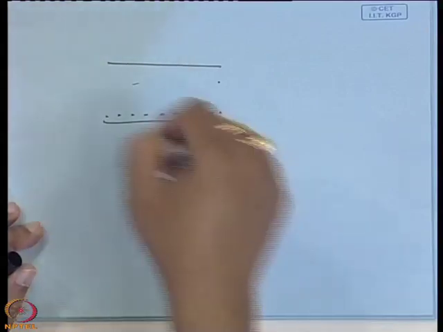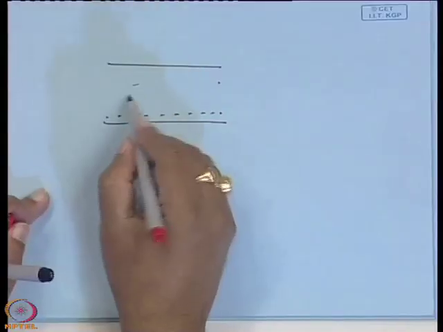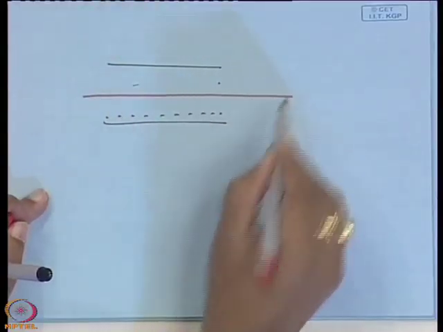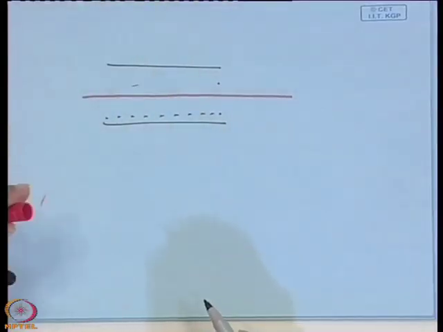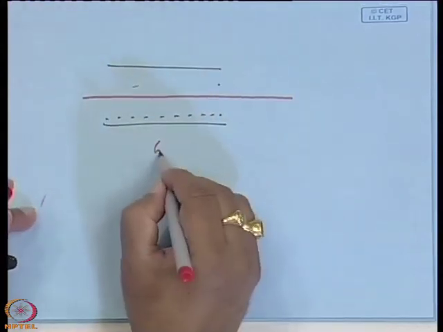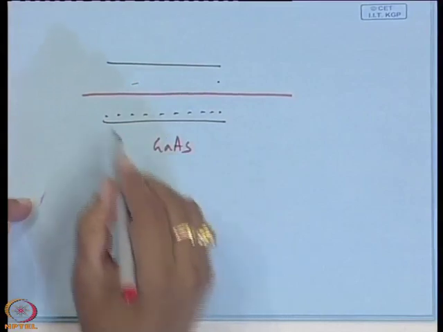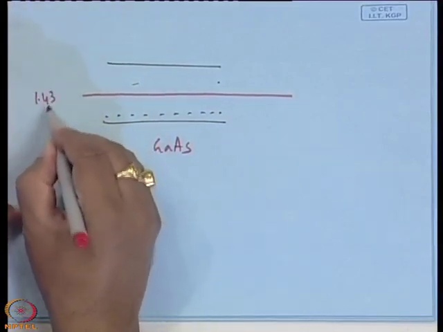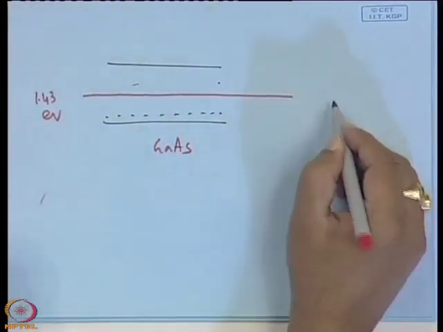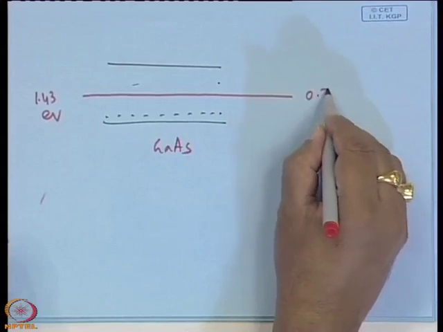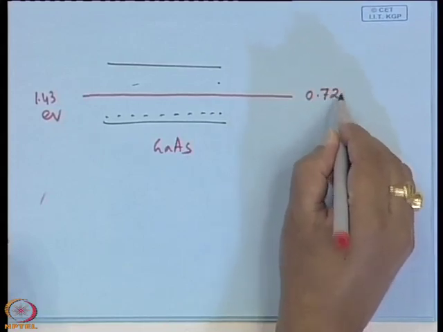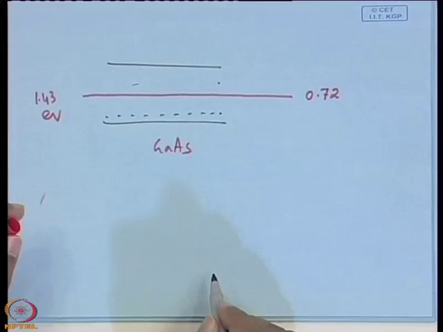If it is deep inside the material near the mid gap, then it is known as a deep level. That means, say this position is the mid gap. If it is gallium arsenide, then what is the value of the band gap? 1.43 electron volt. So what is the position of the mid gap? 0.71 or 0.72 electron volt.